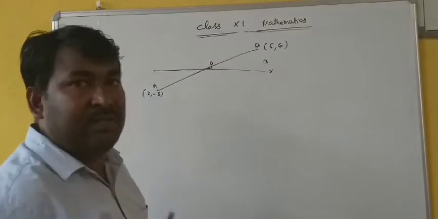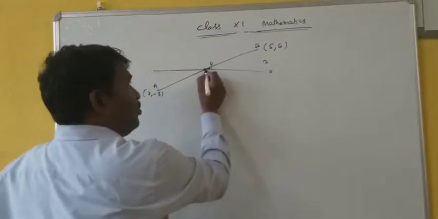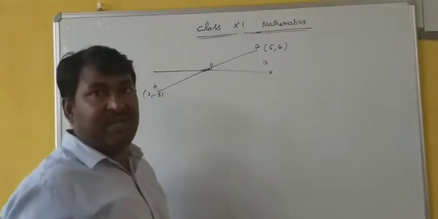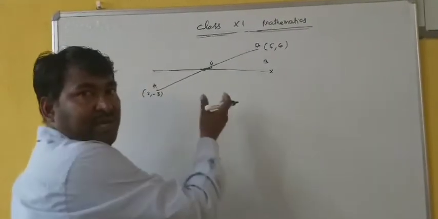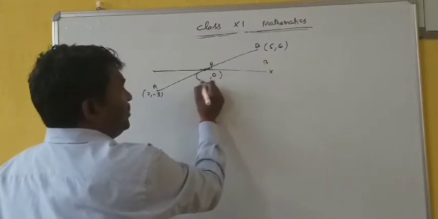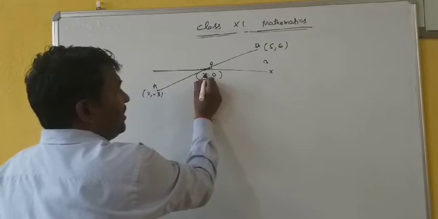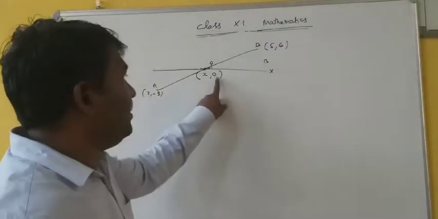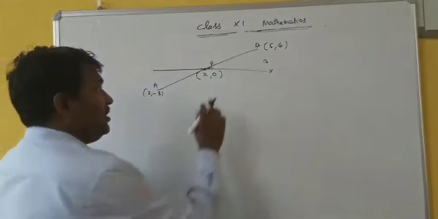So how will you find it? Here it is the x-axis. One thing is obvious: at the point where the x-axis divides or intersects the given line, the y coordinate will be 0. I don't know what the x coordinate will be, let it be x, but it is quite obvious that the y coordinate will definitely be 0. So one thing is known.